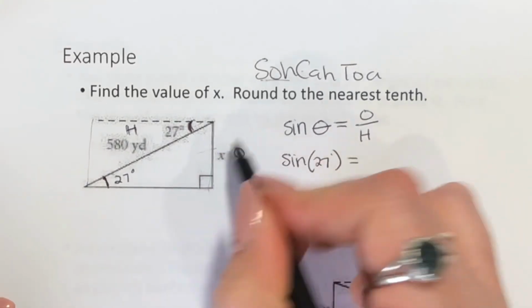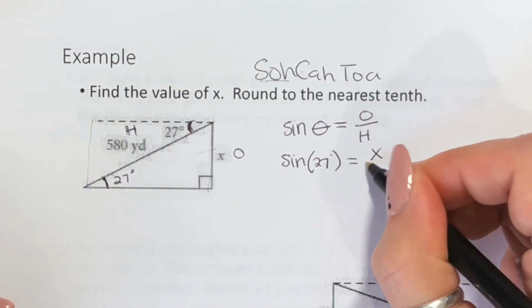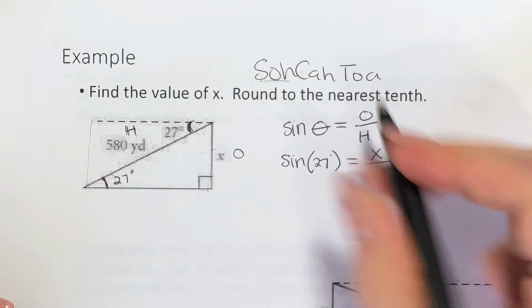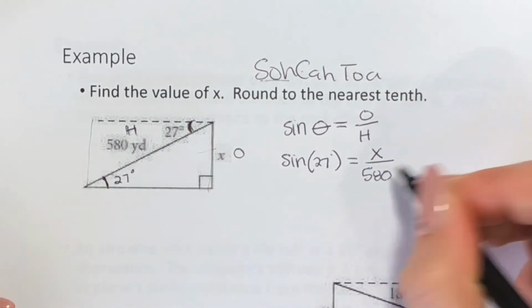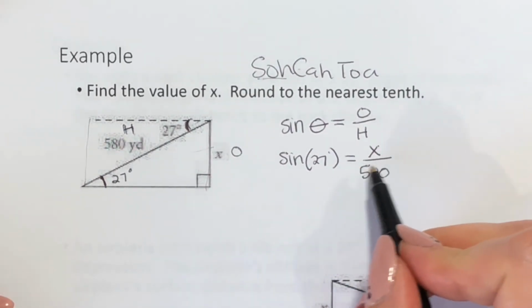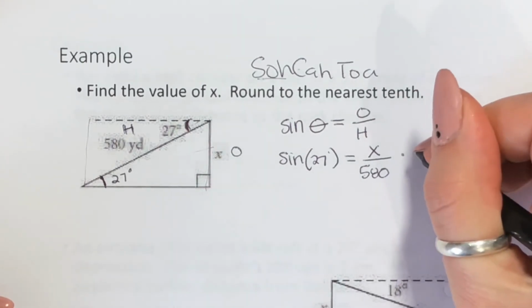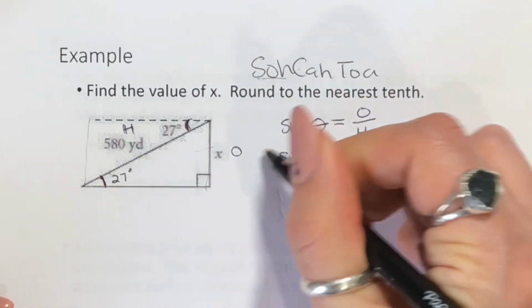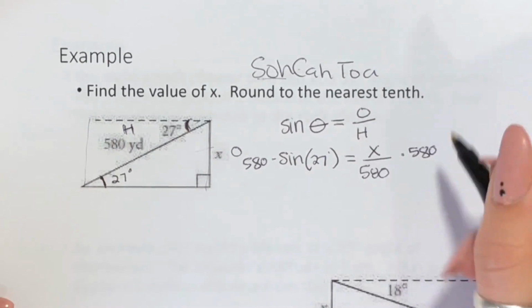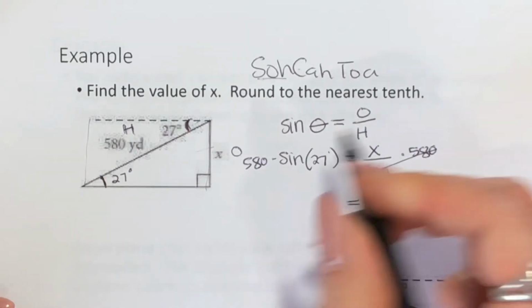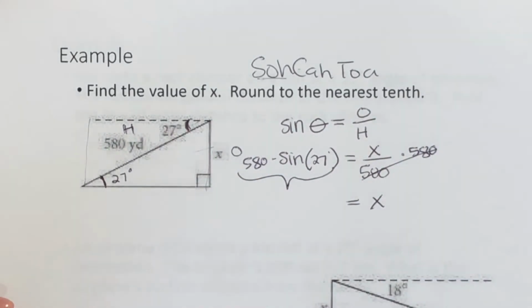And then the opposite side we're trying to find, we'll just leave that as an x, and our hypotenuse is 580 yards. So if I'm trying to solve for x, to get rid of the divide by 580, we are going to multiply by 580 on each side. Those cancel, and we just get x back, and then this is what we're going to throw into our calculator.